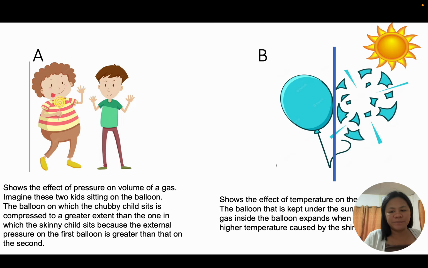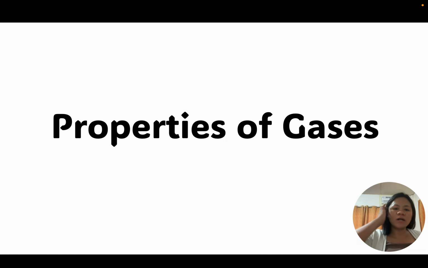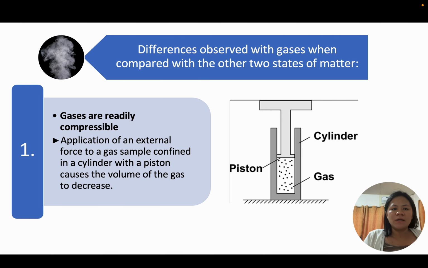In this part, we're going to discuss the properties of gases. Number one, gases are readily compressible. If we have a specific container, like in this example, we have a cylinder and a piston that pushes down.